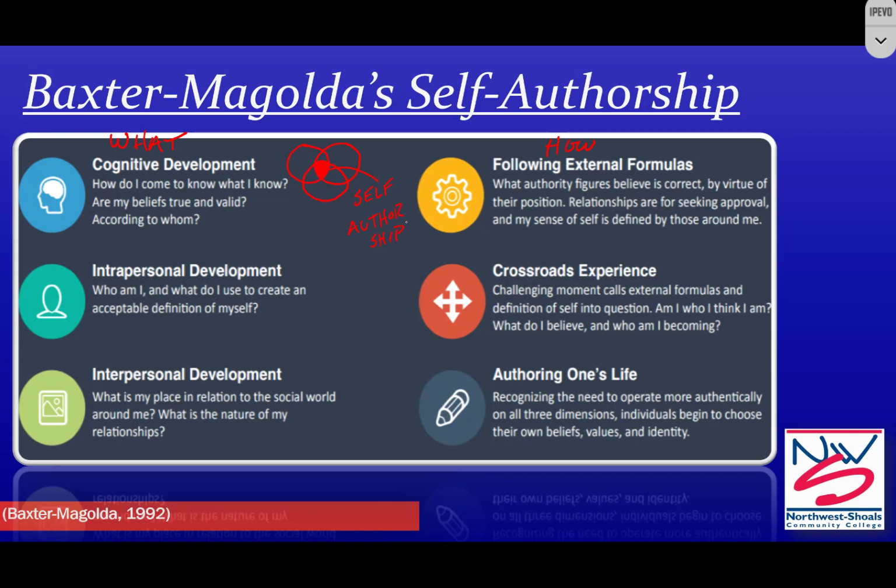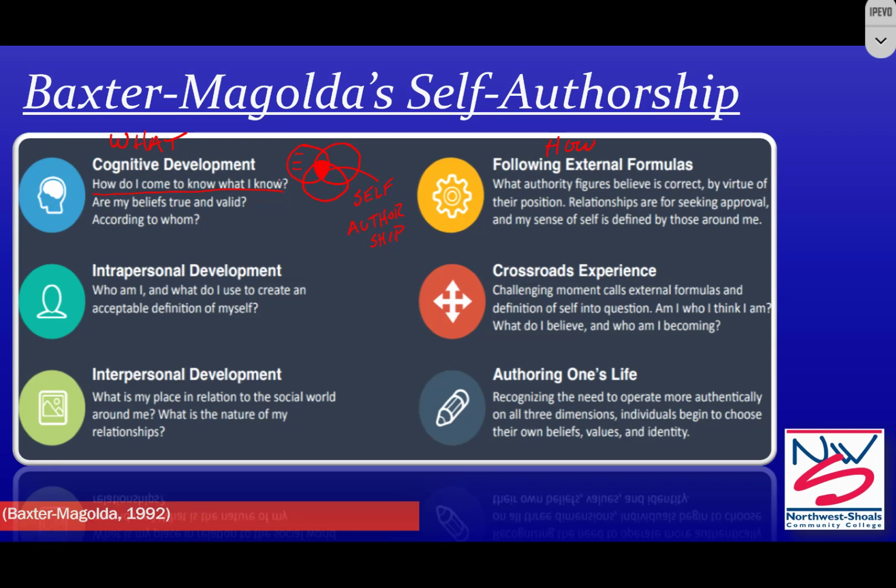And within each of these domains, as we develop cognitively and we answer the questions of how do I come to know what I know, I transition from external formulas to a crossroads stage to what is viewed as self-authorship, and we'll talk about each one of those here in a second.